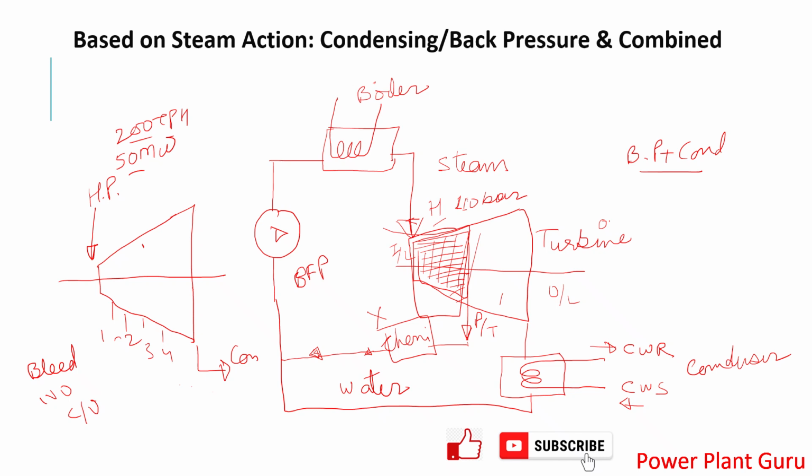And if you increase this 50 megawatt to 100 megawatt, there is no control on the bleed. As you increase load, the steam consumption inside the turbine will increase, and thus the steam quantity through the bleed is also increased. So it is not controllable, you cannot change it on your own.